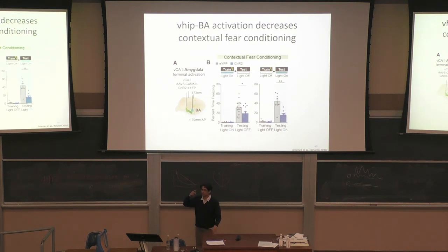And lesioning is kind of less neural activity, right? Because the cells are not there because you killed them. So this result seems to be at odds with those other results, because here activation causes less freezing, and those other results showed that inhibition also causes less freezing, because lesioning is a type of inhibition, right? So this was very perplexing.